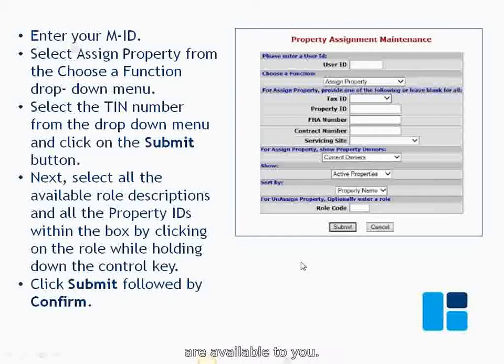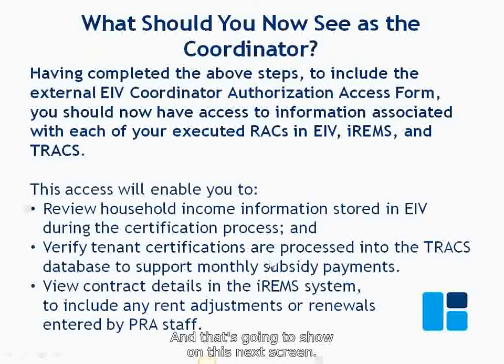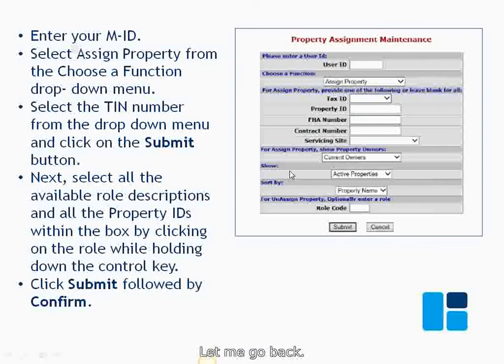And that's going to show on this next screen. Let me go back. I don't think I have it in here, but it's going to show some roles on the top of the screen and some properties on the bottom half of the screen. And this fourth bullet here is the one that you want to pay attention to the most.